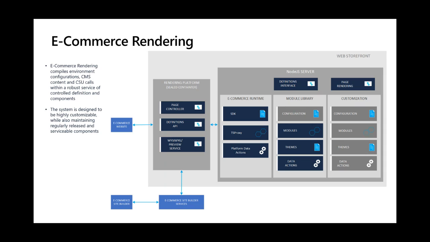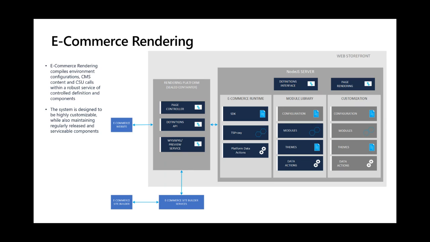And lastly, we do have the data actions that are built into the system, as well as items you can customize. And these are actions such as reviewing cookies, calling a third-party service, or just performing a data call in the system itself. Now with the module library and the customization, we also have the Commerce runtime. Here you have the SDK that you can pull down to give you guidance on how to develop within the system if you're customizing.